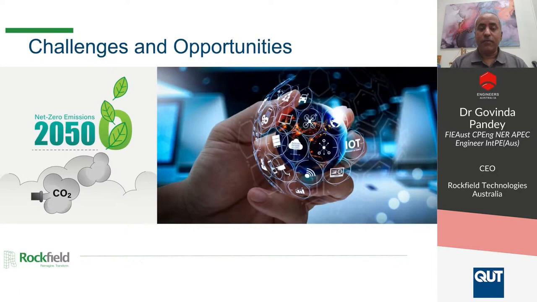But at the same time, we've got opportunities. We've got the power of technologies with us at the moment. So this is a great opportunity for engineers, current and emerging, to leverage that and make a difference. Thank you very much for your attention.